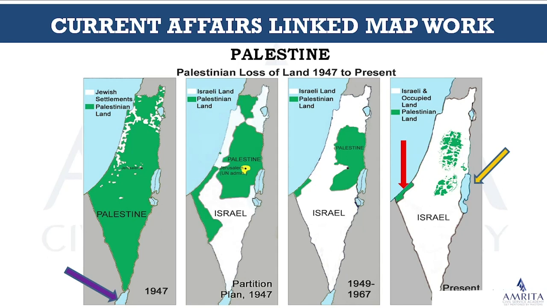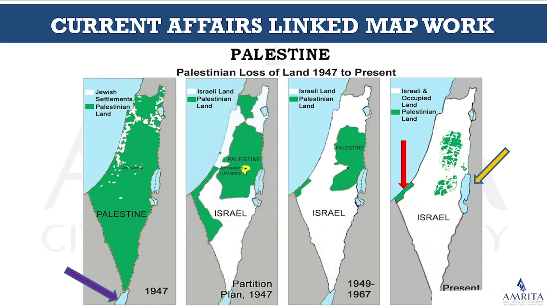Then Palestine. Israel and Palestine are continuously in the news, with US intervention in declaring Jerusalem as the capital, their embassy relocating to Jerusalem, and related news. So that was in the news. See the transformation of the Palestine state and the Israel state. The first map indicates 1947, when the Israel state was formed.